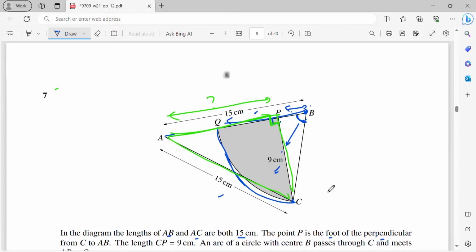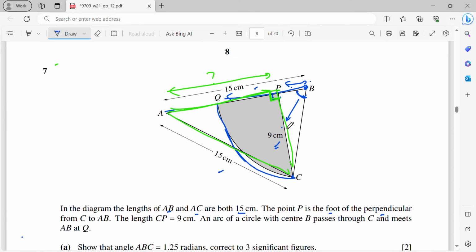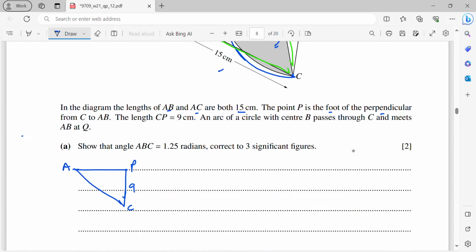This is APC. So PC is 9, AC is 15. I need to know what is my AP. So from the Pythagoras theorem, AP is square root of 15 squared minus 9 squared, which means you are getting 12. So I know that this is 12.